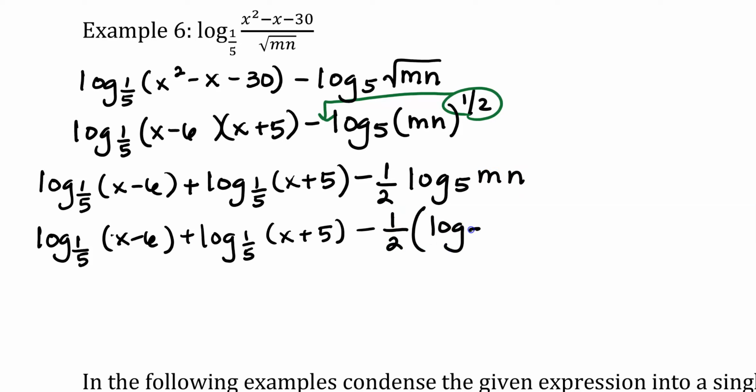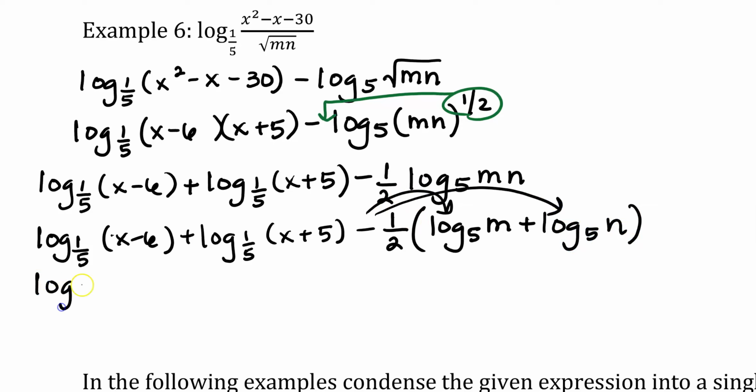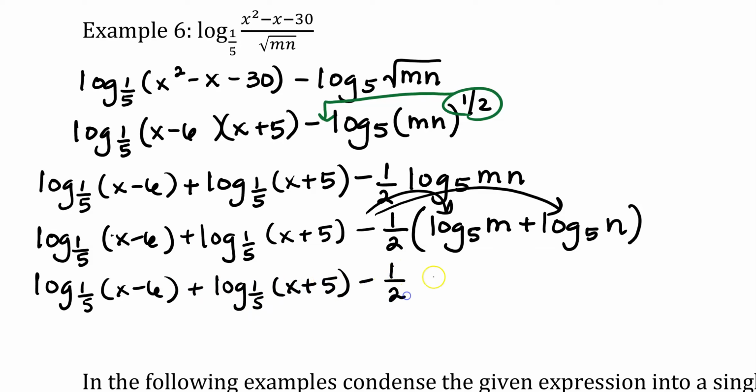Be mindful that you need to be using parentheses here, because we will have to distribute that negative 1/2 to both of these logarithms. So we have log base 1/5 of x minus 6 plus log base 1/5 of x plus 5 minus 1/2 log base 5 of m minus 1/2 log base 5 of n.